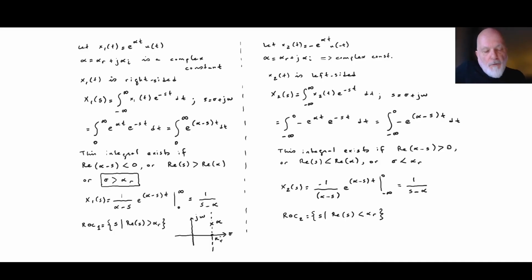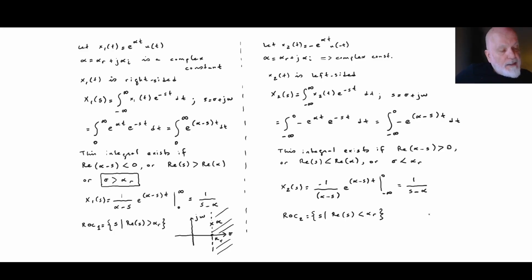The region of convergence is sigma greater than alpha r, or this shaded region. This is the region of convergence for X1 of s.